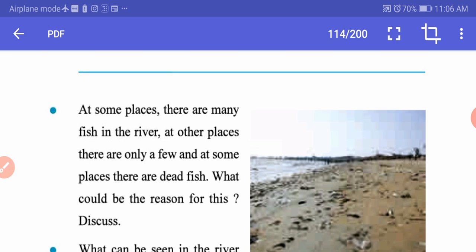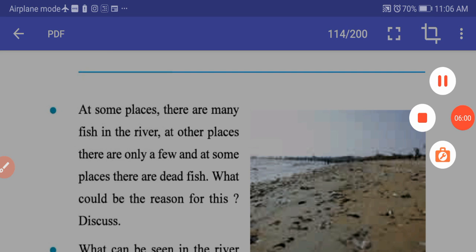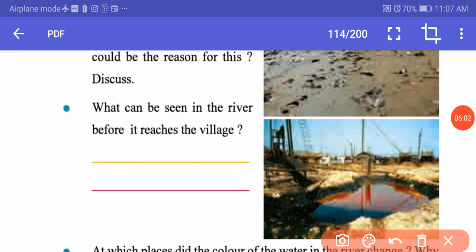But in some places there are dead fish. Fishes die because the water is dirty due to the presence of chemicals in the water. So the place where you find dead fish is because the water is contaminated because of the chemical which is added into the water.